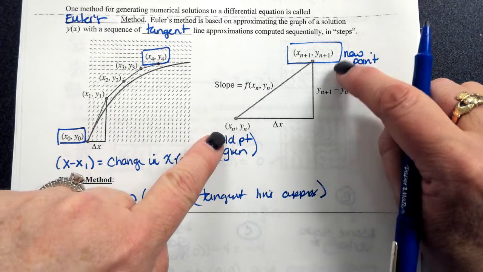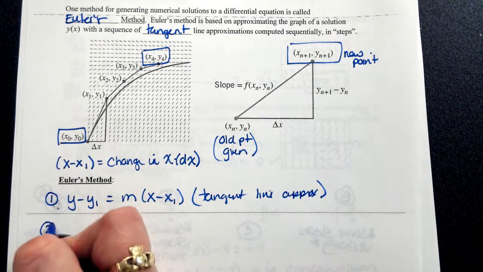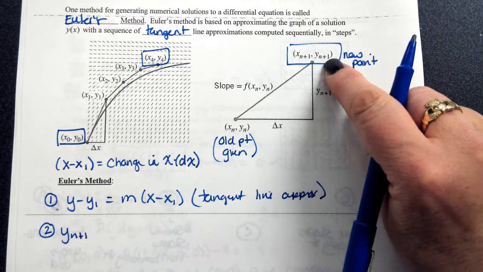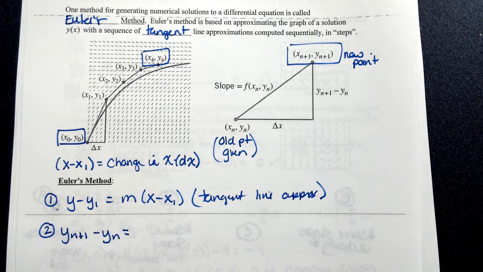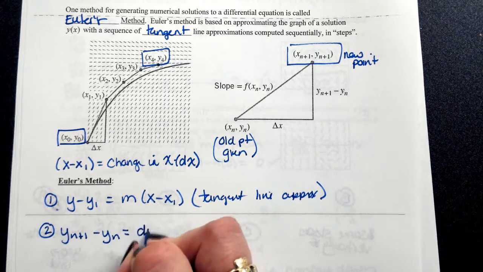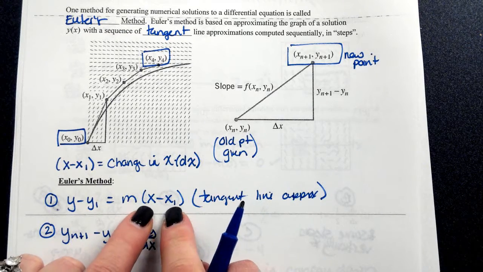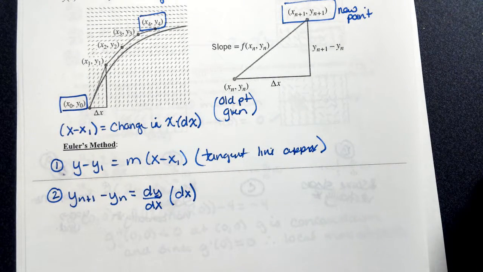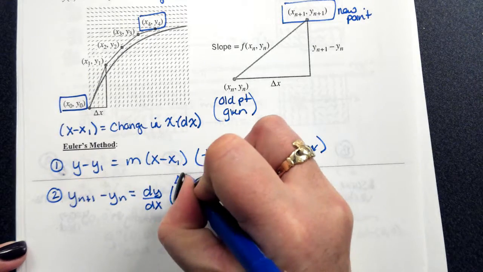Looking at my old point versus the new point, I can rewrite the equation of my tangent line as y sub n plus 1, my new point, minus y sub n, equals my slope, which is dy dx, times the difference in the x values, my dx or the change in x. I'm going to use delta x so we don't get this confused.